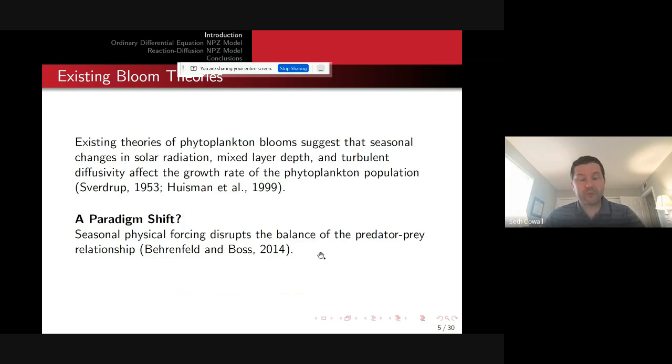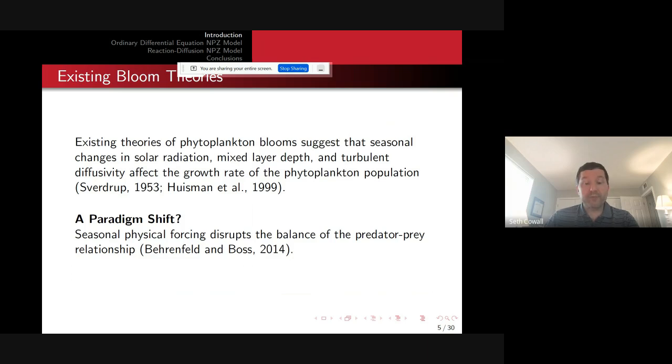But a paradigm shift was proposed by Behrenfeld and Boss in 2014, which suggested that these seasonal forcings instead disrupt the balance of the predator-prey relationship between the phytoplankton and their immediate predators, zooplankton.